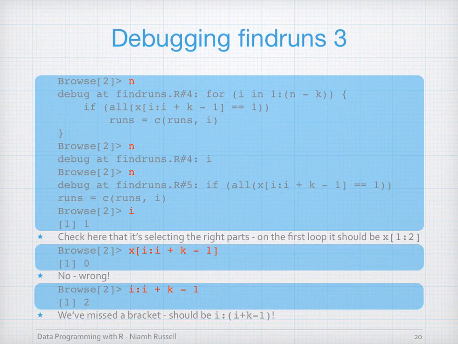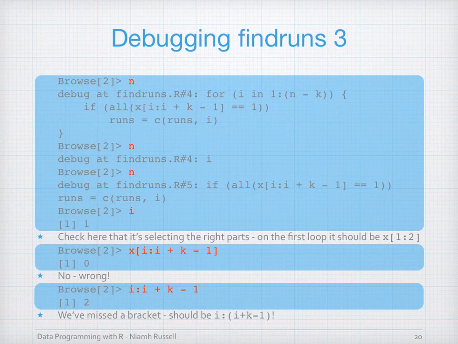So I think the problem here is with the sequence that's set up here. If we type i colon i plus k minus 1, that should be equal to 1 to 2. If we type that in, we should get 1 to 2 here, but we just get 2. The reason for that is that this colon here is taking precedence over the plus and the minus. So it's actually just going i to i, which is 1 to 1, which is 1, and then it's adding plus 2 minus 1 to that and getting 2.